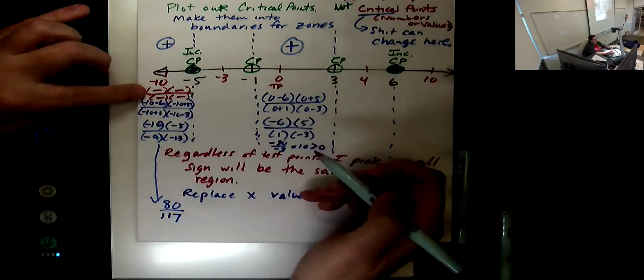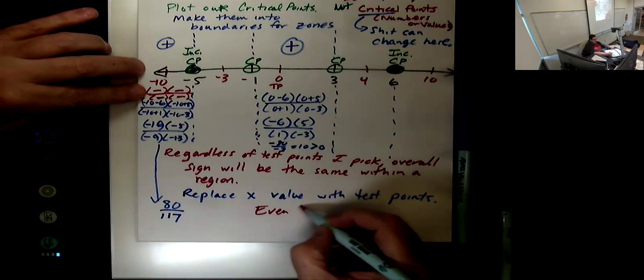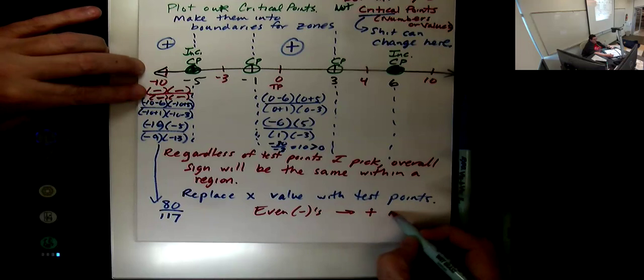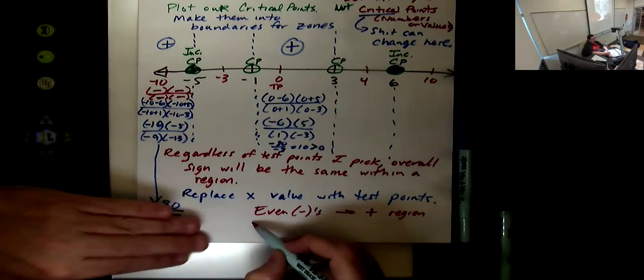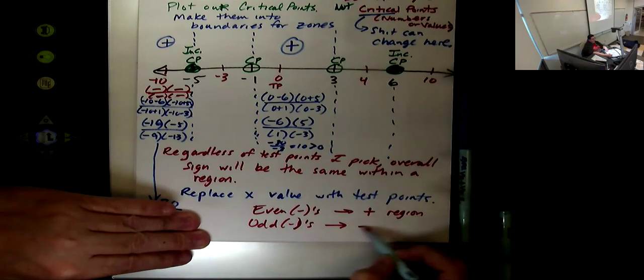Count the negative signs. An even number of negatives turns into a positive region, and an odd number of negatives is a negative region.